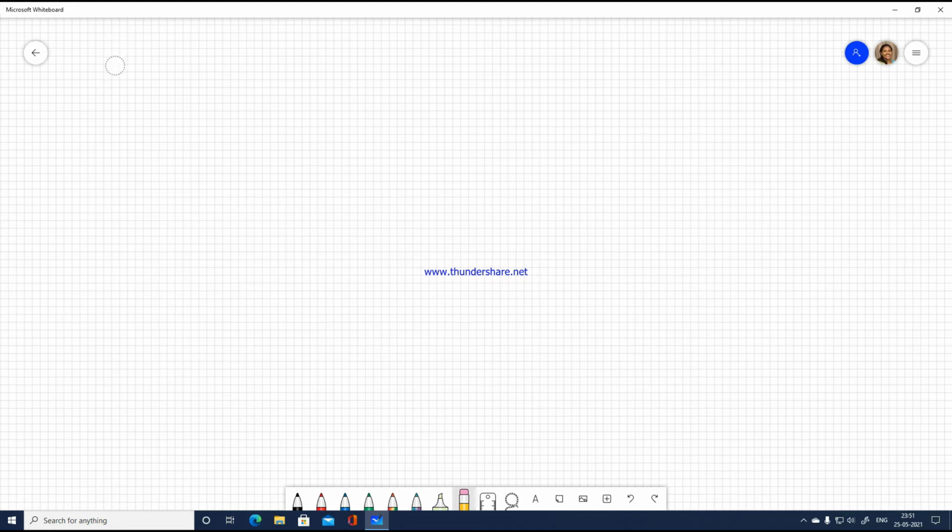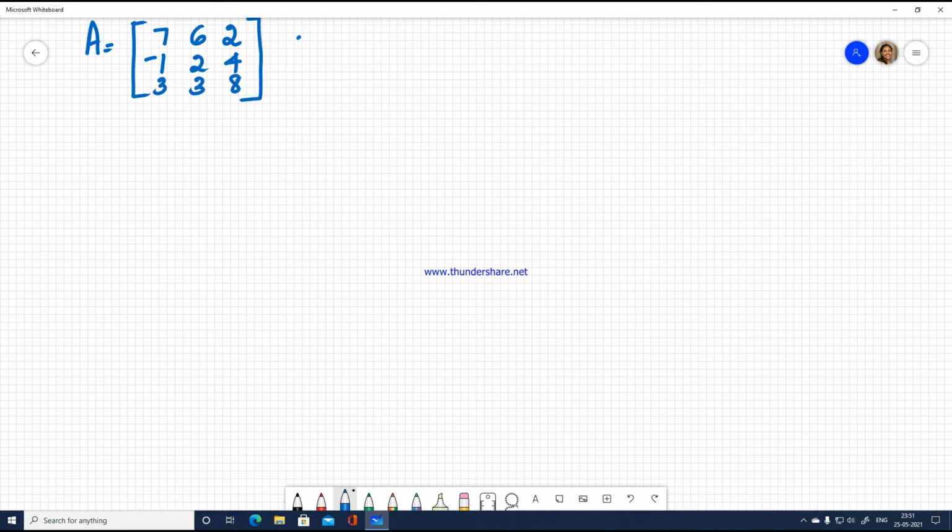Let A be equal to 7, 6, 2, -1, 2, 4, 3, 3 and 8. We are asked to find the adjoint of this matrix.